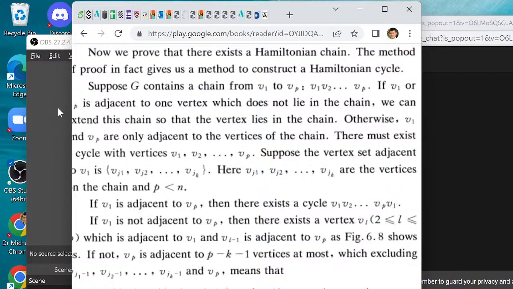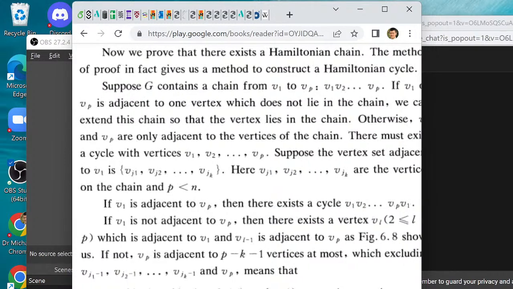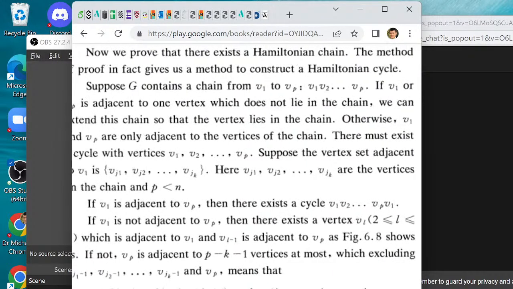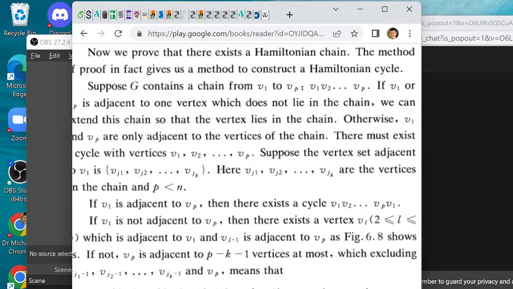Okay, now we prove there exists a Hamiltonian chain. The method of proof, in fact, gives us a method to construct a Hamiltonian cycle. Suppose G contains a chain from V1 to Vp.